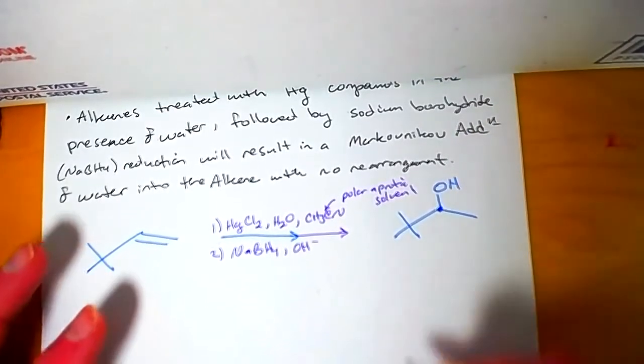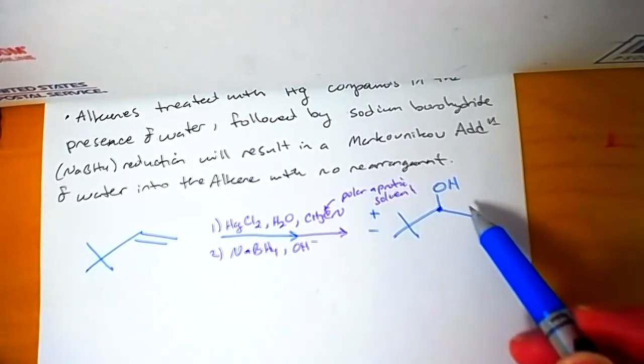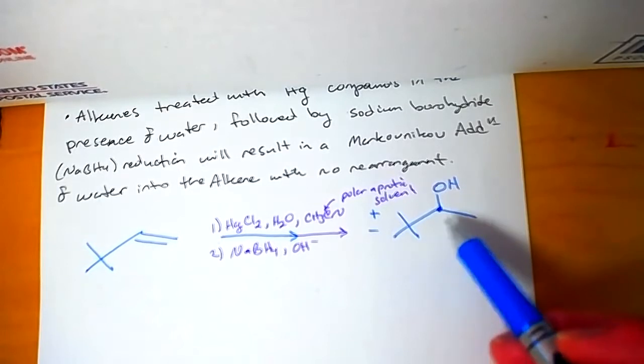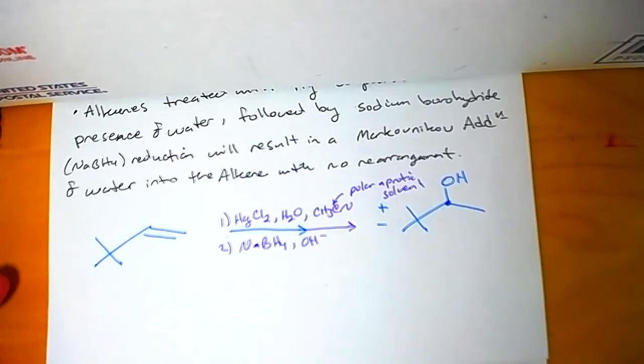Now, of course, that is a racemic mixture, but nevertheless the regiochemistry is correct here, where you've got the alcohol essentially having Markovnikov addition of water.